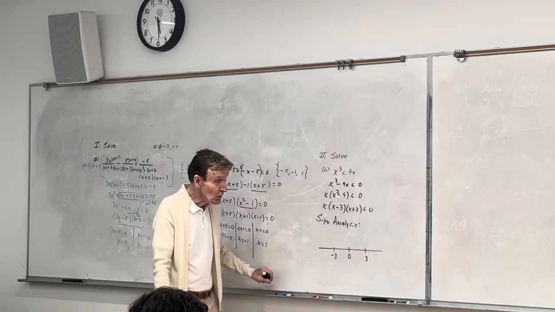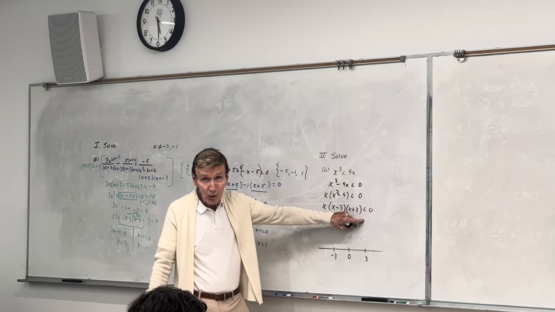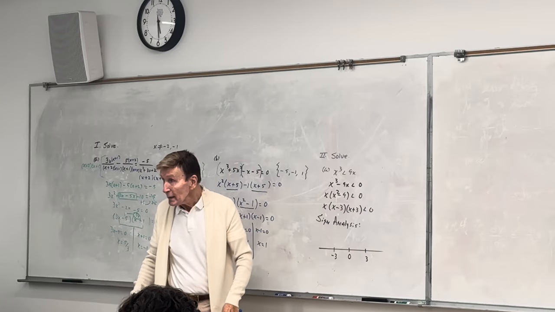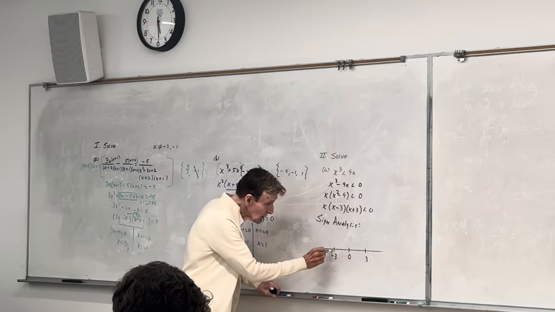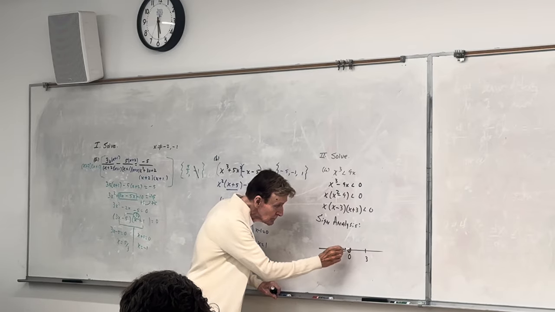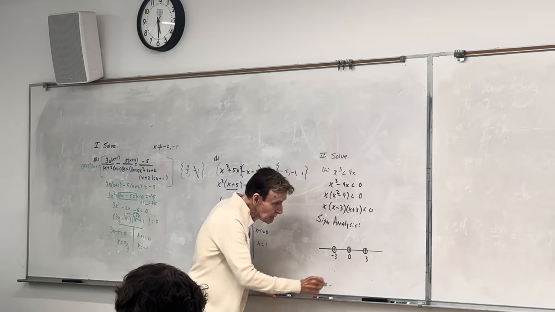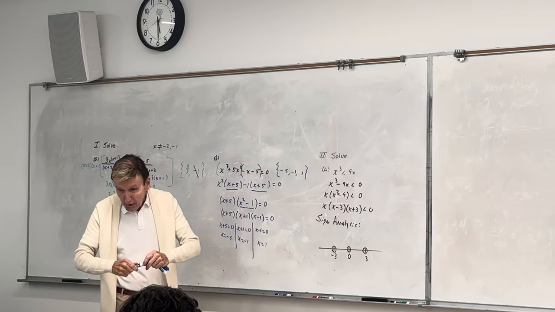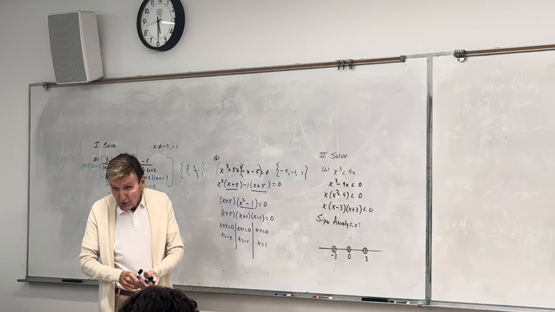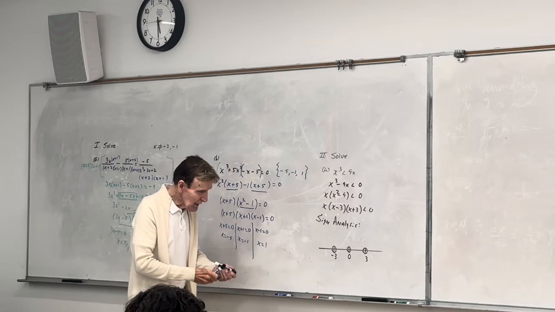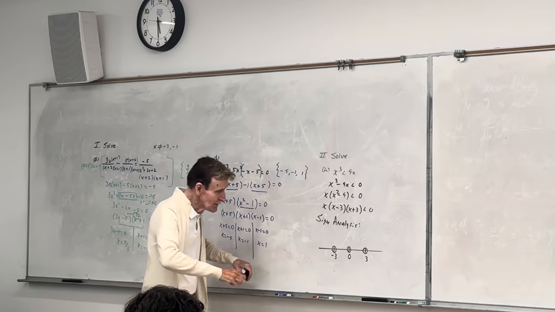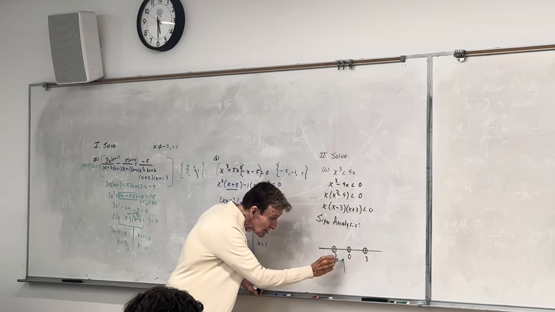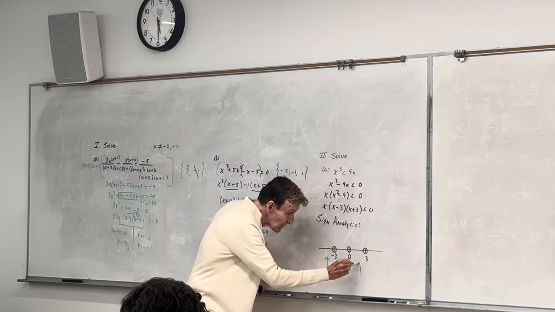Now, are they to be included? Well, it depends on my inequality symbol. Is there an equals mark here that says inequality? No, so they should be open. All 3. Now you're going to check and see which one of these intervals is going to satisfy what we want.